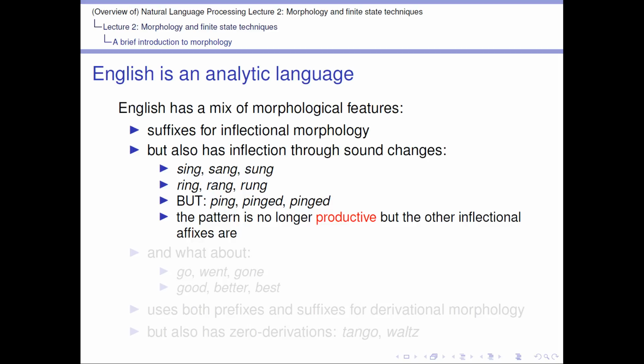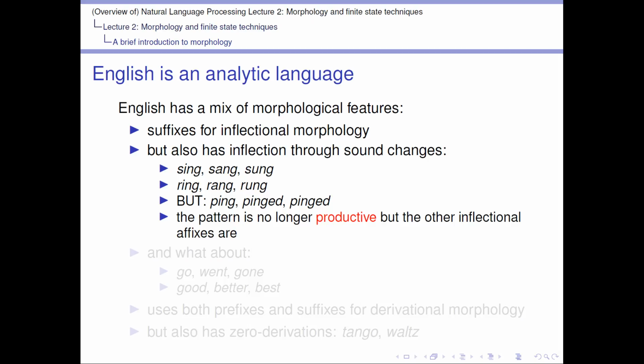We don't pung people. So this kind of pattern is a remnant and is no longer productive in the language, whereas our other affixes are. If we coined a new word and we wanted to put it in the past tense, we would probably add the ed on the end, for example.